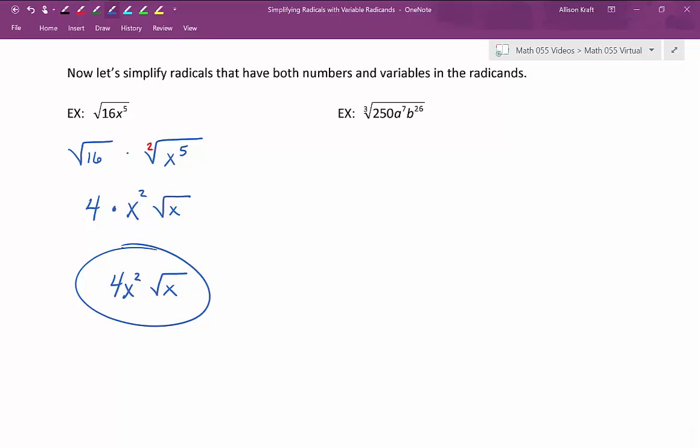Next, we want to simplify the cube root of 250 a to the 7th, b to the 26th. Again, I'd separate the numerical radicand from the variable radicand.